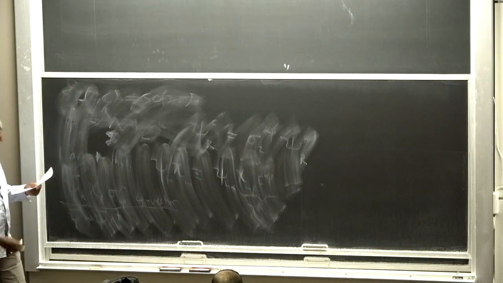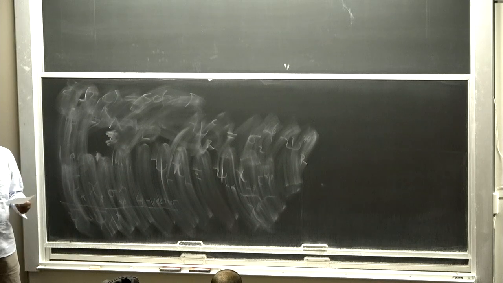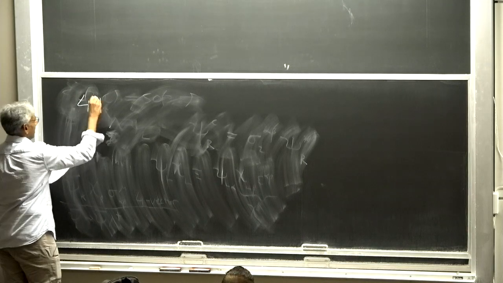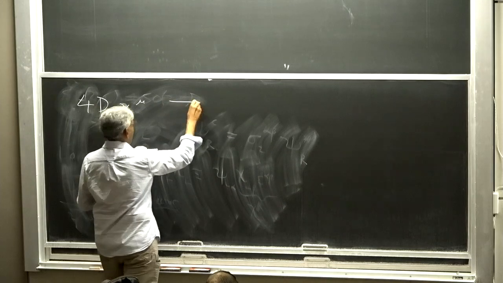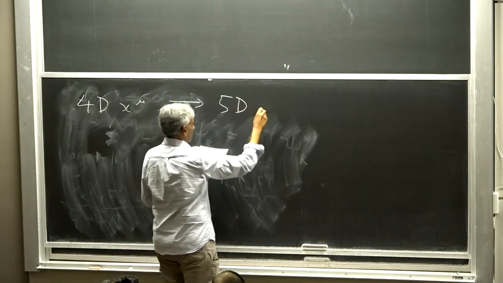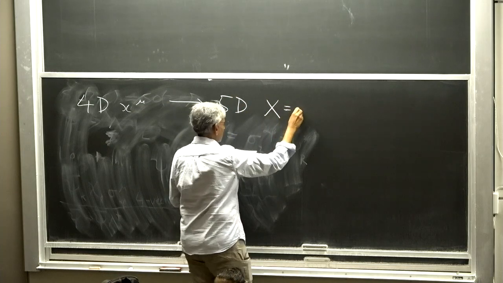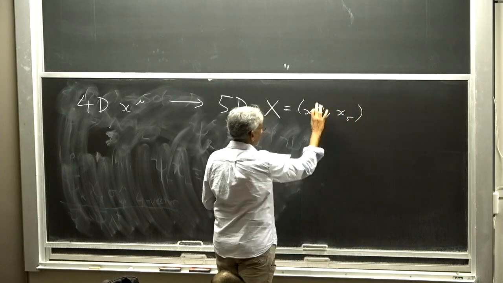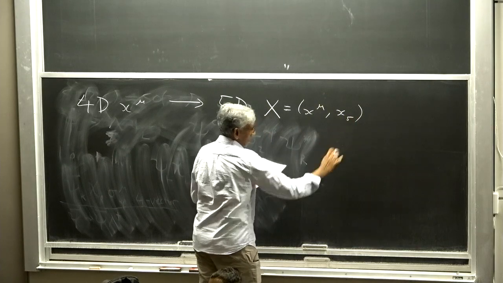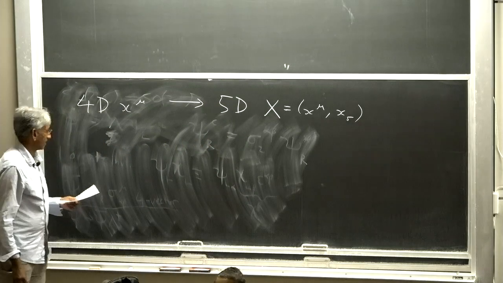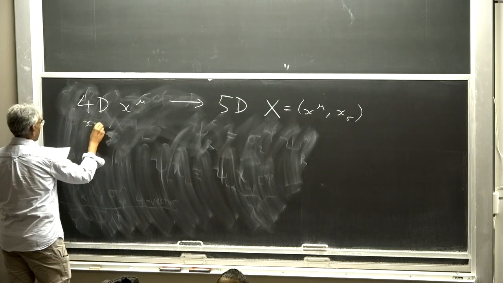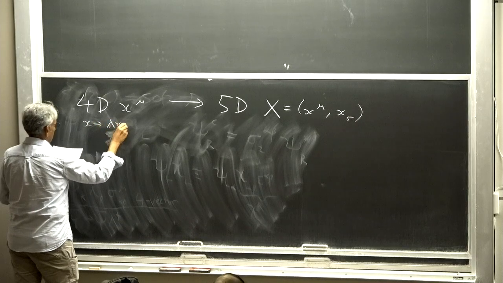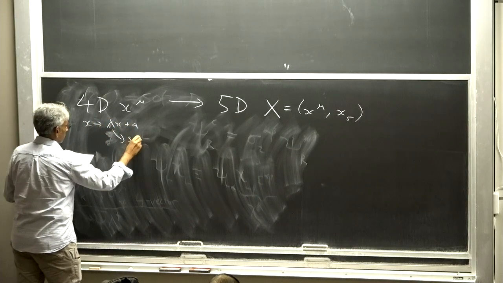So I don't even want to write this. I just want to say it. Higher dimensions involve higher symmetries. 4D, here's the coordinate x mu. And now we're imagining going to 5D, say, where the coordinate is extended by x mu, which I'll write as little x, and x5. So if I write little x with no index, it still means x mu. x5, I'll write it explicitly. Great. So the usual Poincare symmetry, x goes to lambda x plus a, where this is a Lorentz transformation.